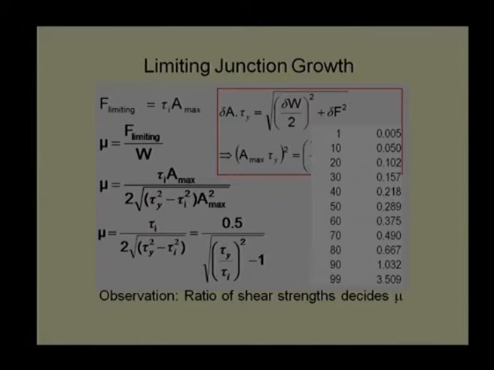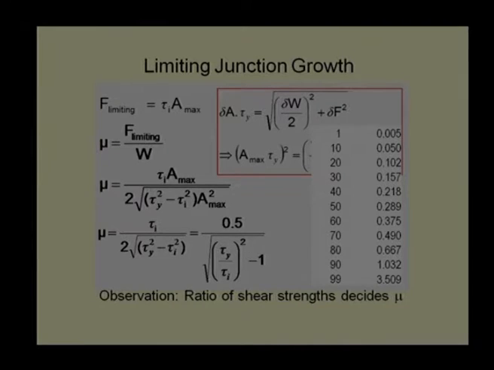So, we can interpret this tabular result in such a manner: the ratio of shear strengths decides mu. It is not an absolute value of tau i or tau y that decides the coefficient of friction due to adhesion, but a ratio.